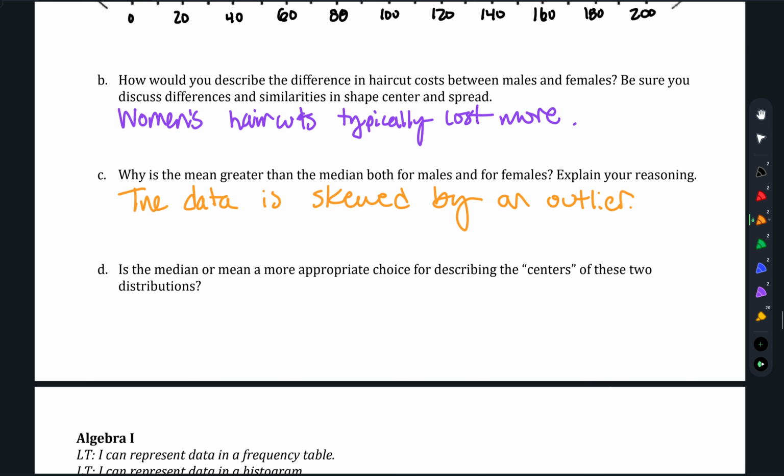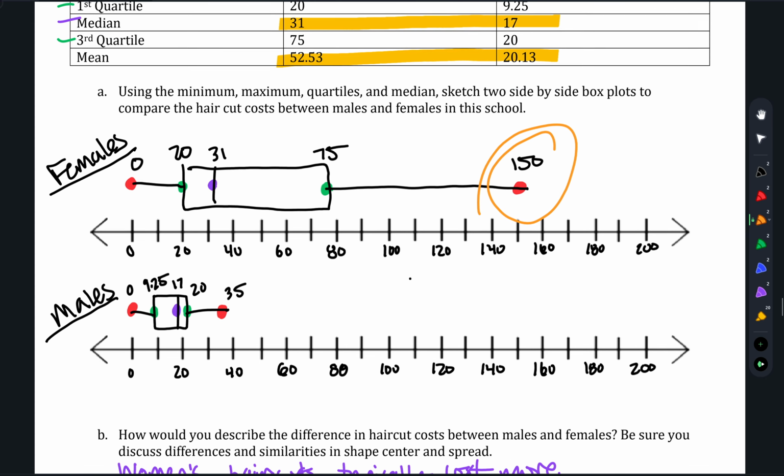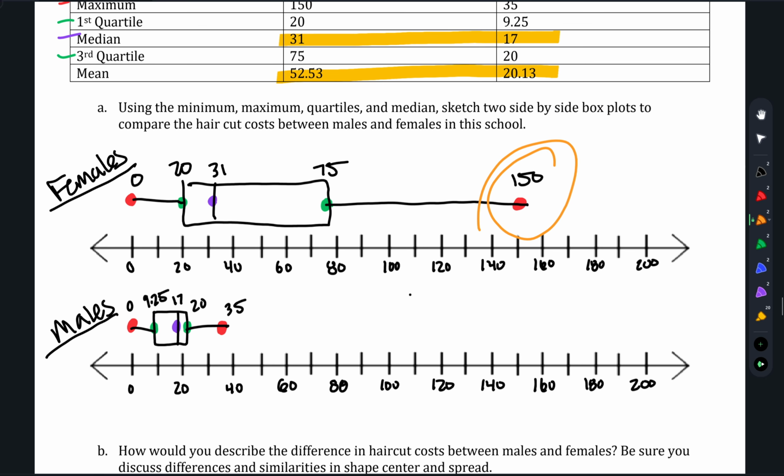All right, so with that in mind, which do we think is the most accurate measure of the center of this set of data? Do we think the center is most accurately represented by the median or by the mean? When we have an outlier that's making our data so skewed, do we think that mean is still accurate?